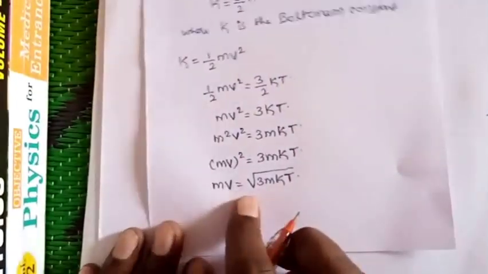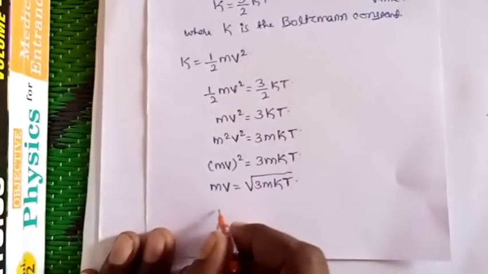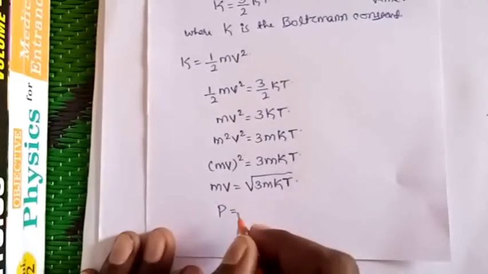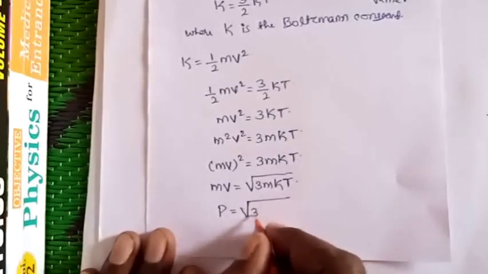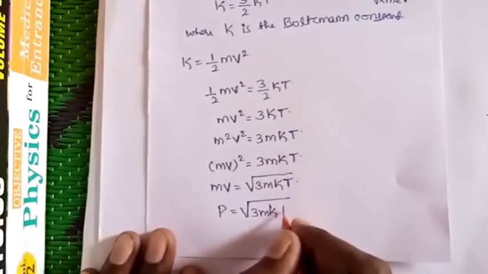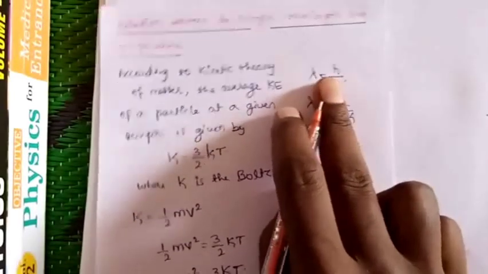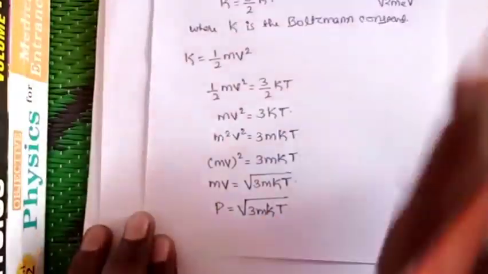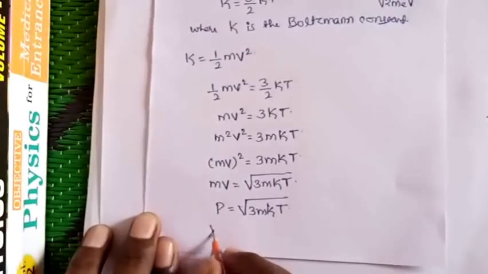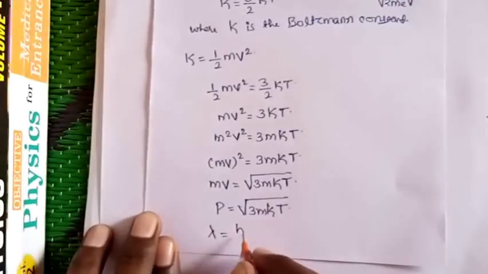Then what is m into v here? It is the momentum of the moving particle. p is equal to square root of 3 into m into k into T. Then by the first relation, we are going to find the de Broglie wavelength associated with the moving particle. That is lambda is equal to h divided by p.